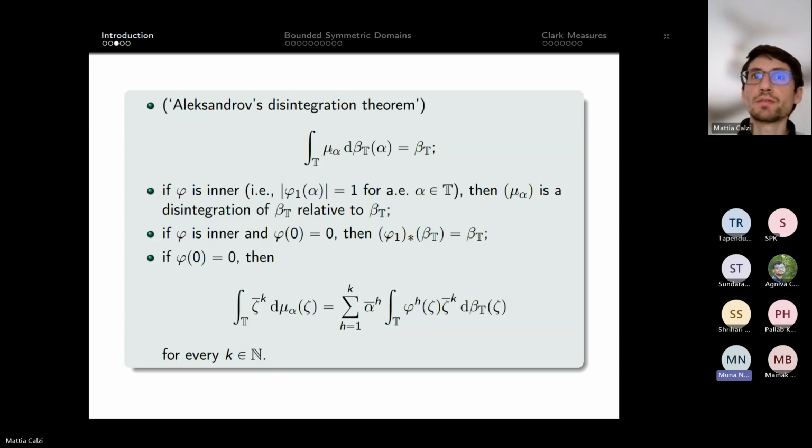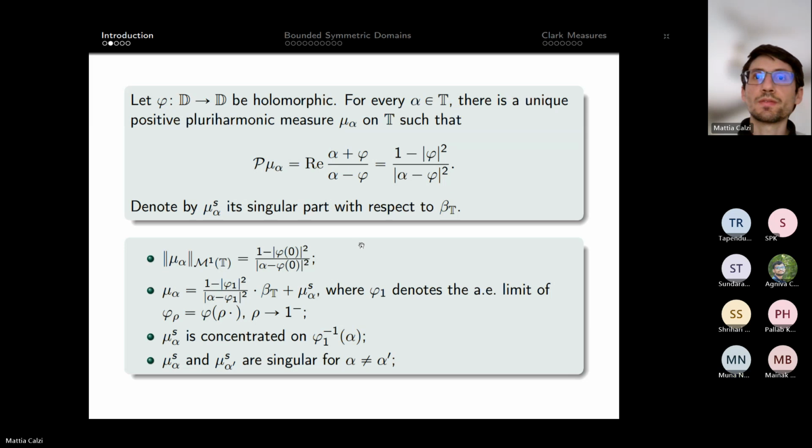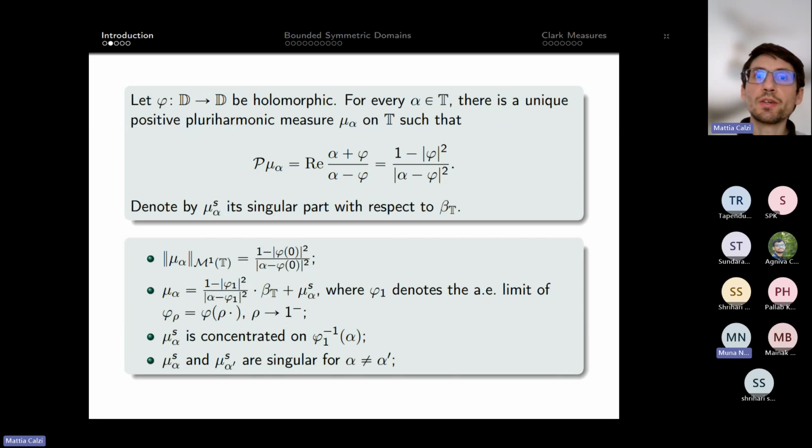Can you go back to the previous thing? This, where, okay. So mu alpha is concentrated on phi one inverse of alpha. This is the set where the radial limit of phi exists and is equal to alpha. It is a subset of the torus. You take the radial limits.